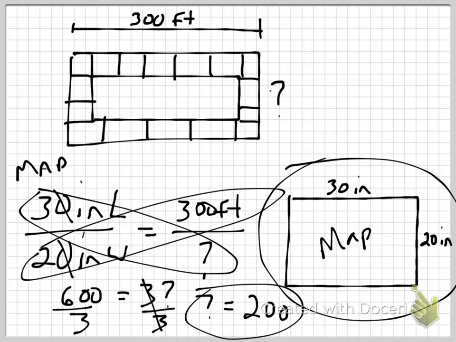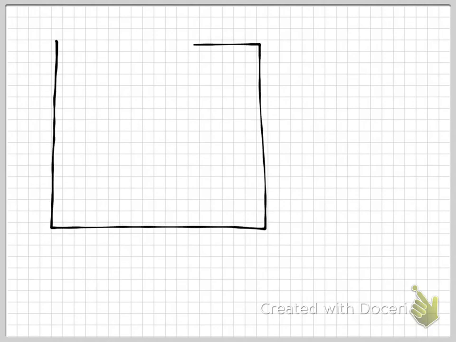Let's try another one. What about this? You ever seen a real map, like a road map? A road map, sometimes they will say on the map, okay, we'll draw our little map here. We'll make a big old huge map here. Here's a map of Contra Costa County.